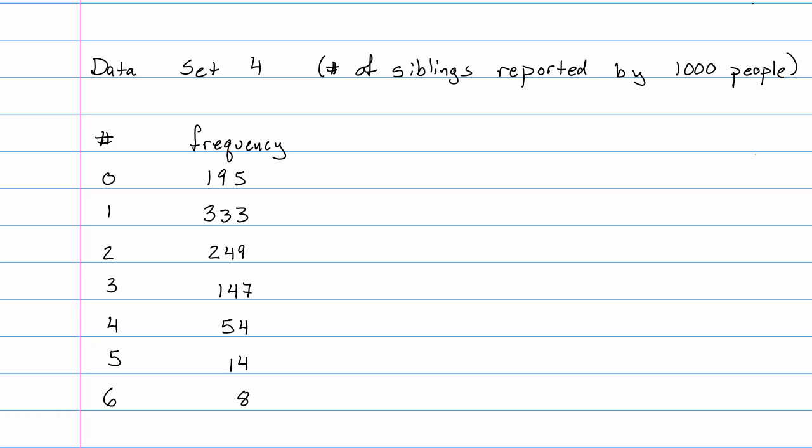where the midrange, still easy to find, is the largest value plus the smallest value divided by 2. So that's 6 divided by 2, which is 3.